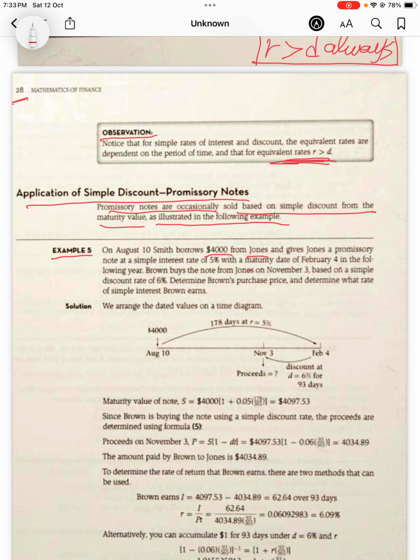Mr. Brown buys the note from John on November 3.